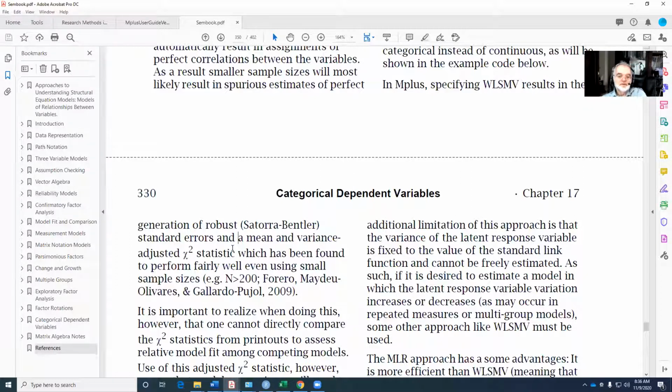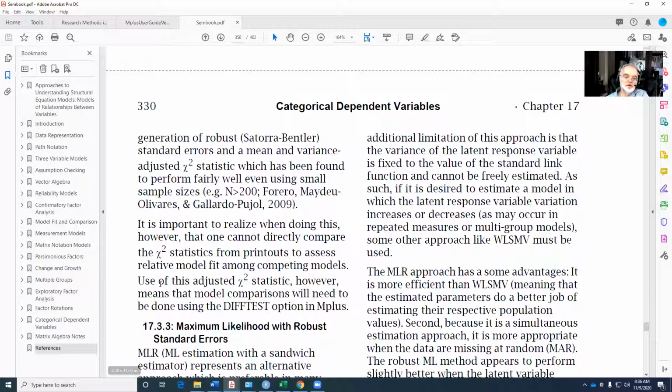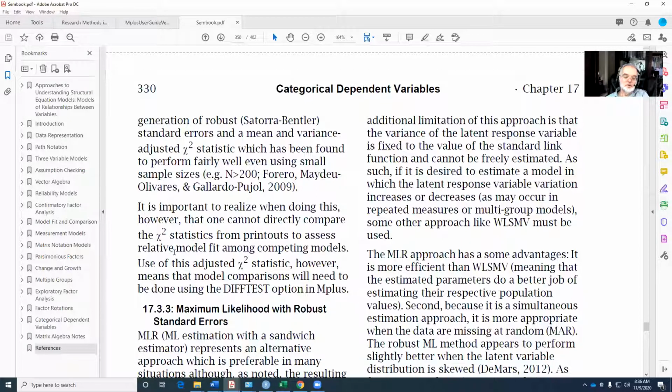Now, the thing about that chi-square that comes out is we can't compare chi-square statistics across our models using a chi-square difference test. So inside of Mplus, there's a command called the DIFFTEST option that you need to use in order to make a comparison between two models.